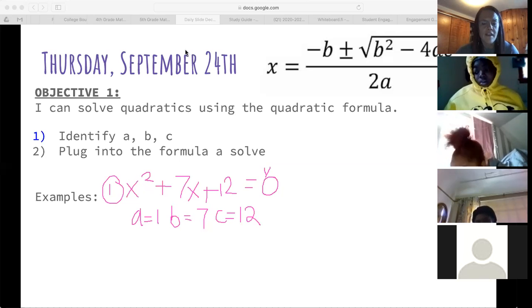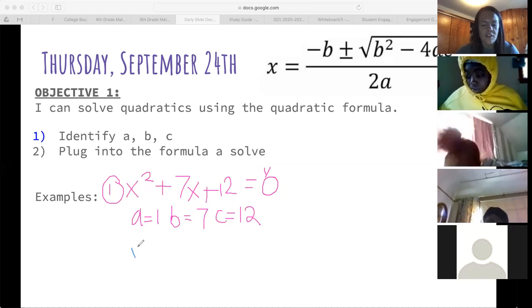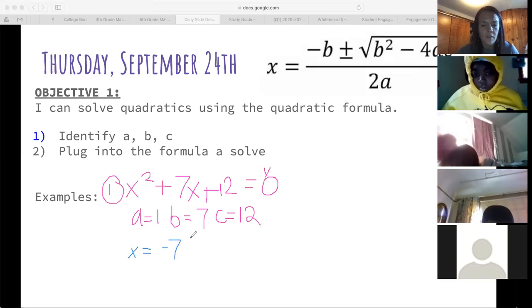All right, once you have that identified, you are going to plug it into the formula. Okay, so x equals, because that's what I'm trying to find, is my x's. I'm solving for x. So x equals negative b. So negative b would be negative 7 plus or minus the square root, and then b squared, which is 7.